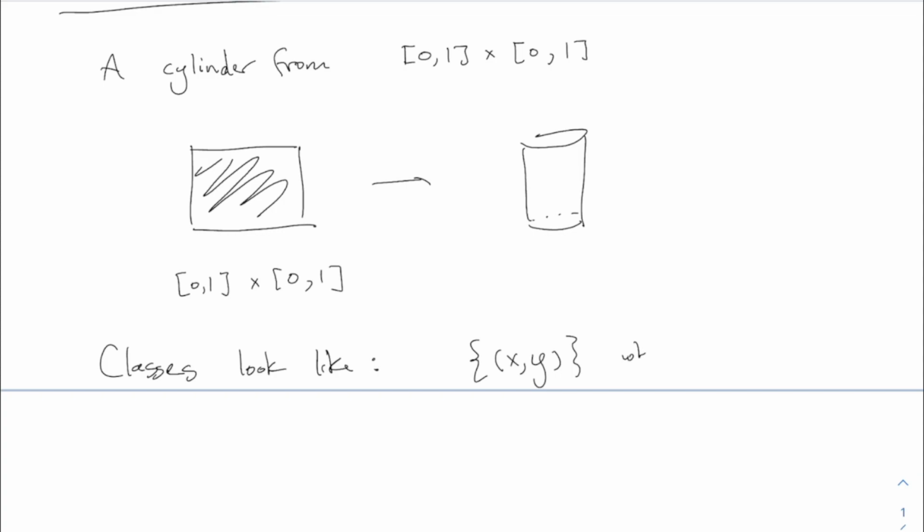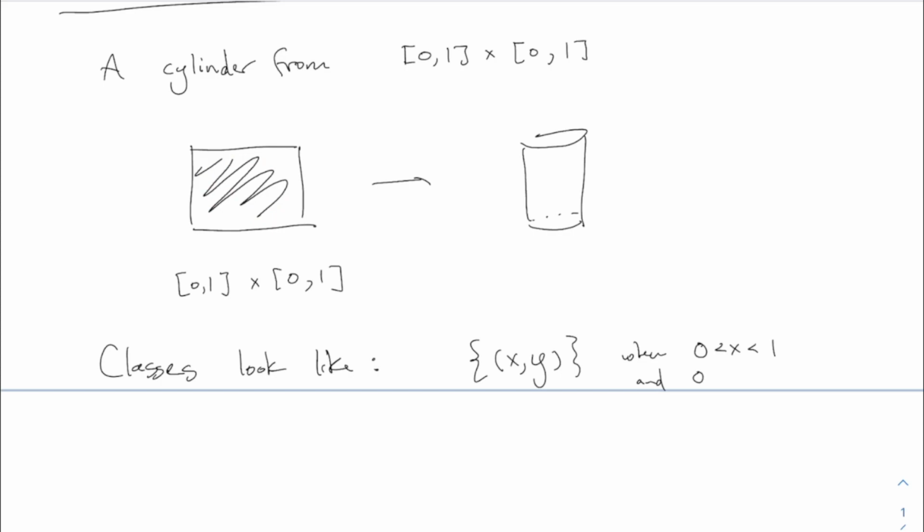This is when x is not on the end, so x is not 0 or 1, so I'll just write 0 less than x less than 1. And the y coordinate actually can be anything including 0 and 1, right? I'm talking about every point in here, even the ones along the top line or the bottom line, just not on the two sides horizontally.